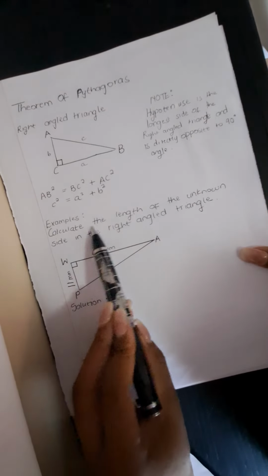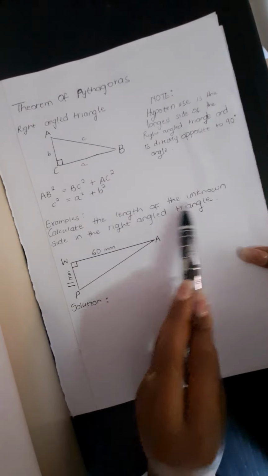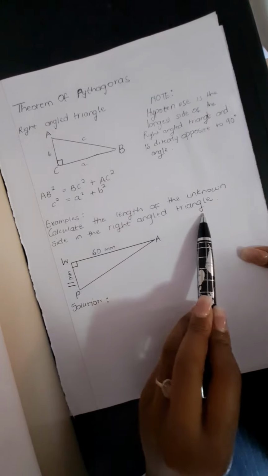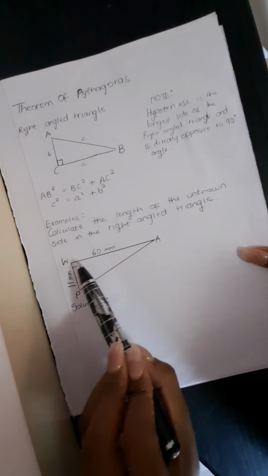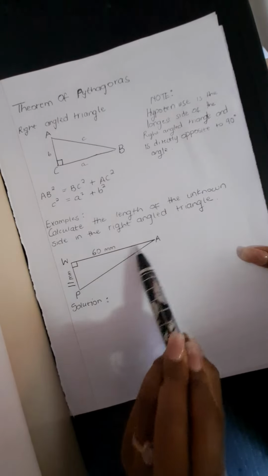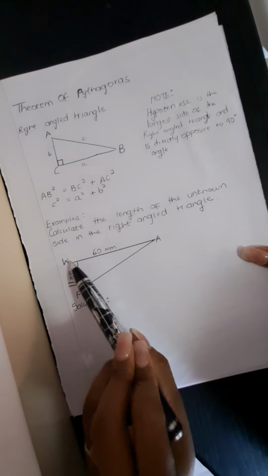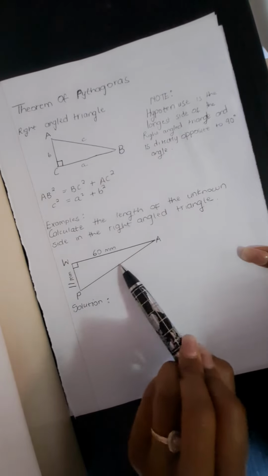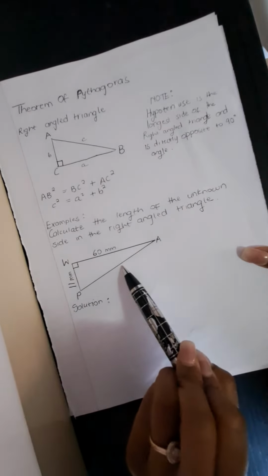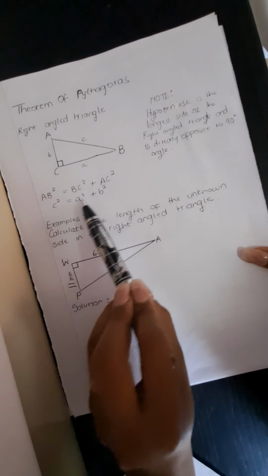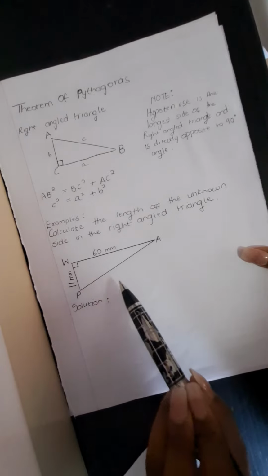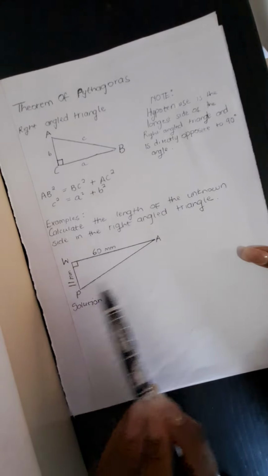They are telling us to calculate the length of the unknown side in the right-angled triangle. We have side WA as well as PW. We need to calculate side PA or AP. It's up to you. So using this information, we know that we first start with our longest side and then an equal sign and then the other sides.